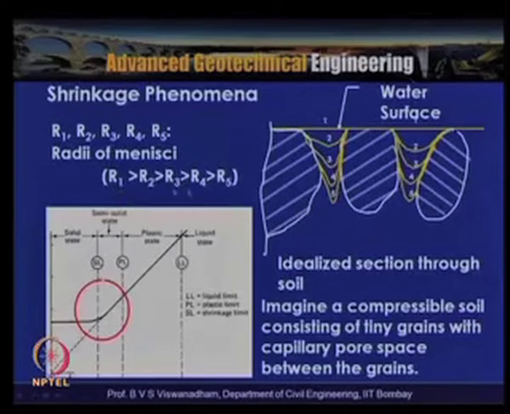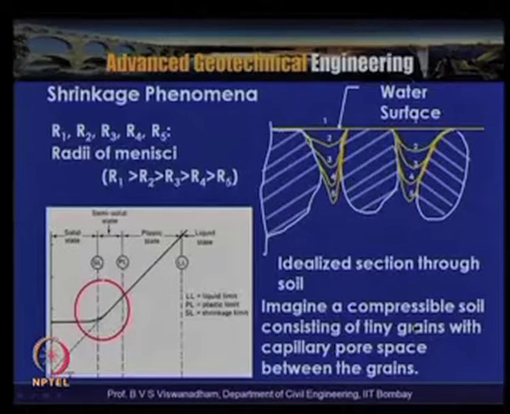If you look into this, the radius R1 is very high, then R2, R3, R4, R5. As it proceeds, the menisci radii decrease, and here the same situation is shown. So this is the idealized section at the process where the curvilinear portion, where air starts entering.